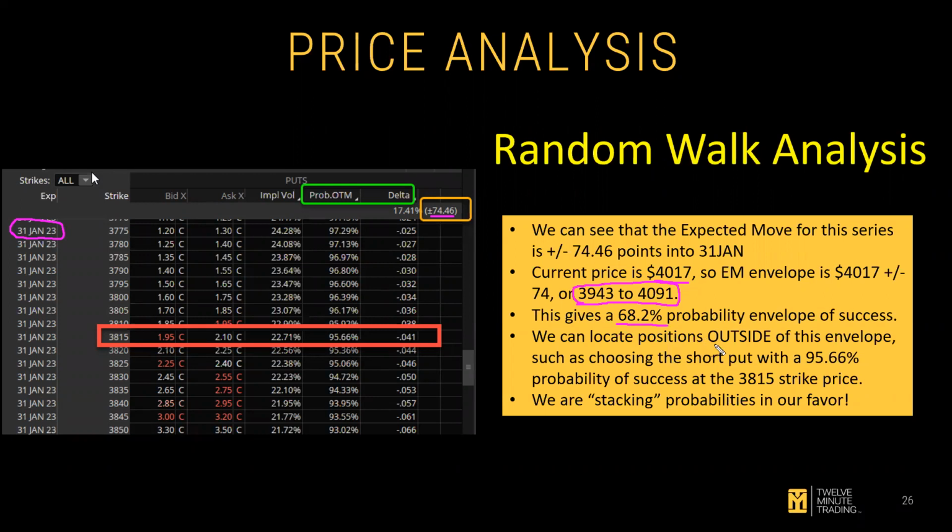So we can locate positions outside of this one standard deviation envelope, such as choosing the short put down here with a 95.66% probability of success. And that's at the 38.15 strike price. So we can start to stack these probabilities in our favor, especially when we use technical analysis on top of that.